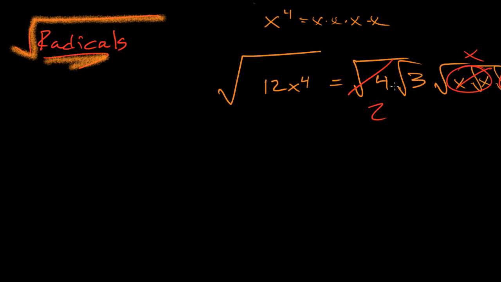So I'll have 2 times the square root of 3 times x, and we usually write the non-radical parts of the answer first, so this is going to be 2x times x, which is x squared, and the radical at the end. 2x squared times the square root of 3 is the square root of 12x to the fourth.